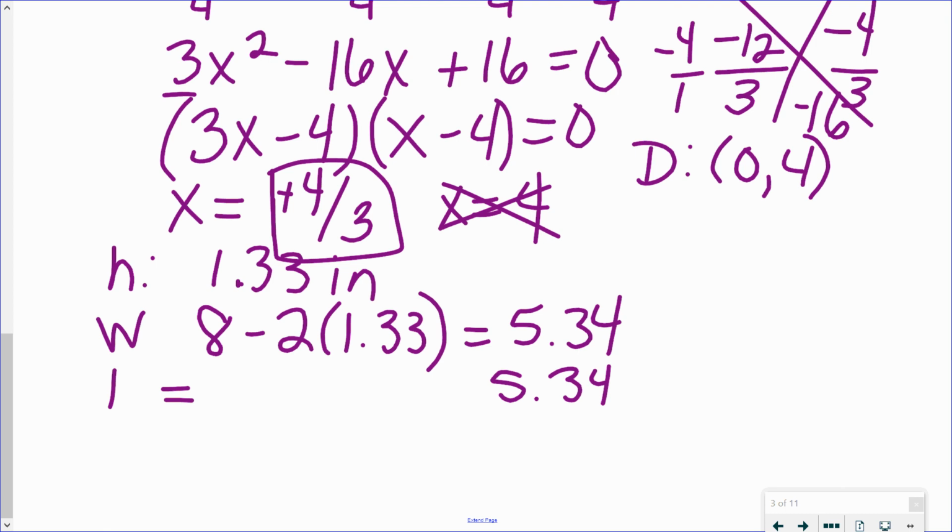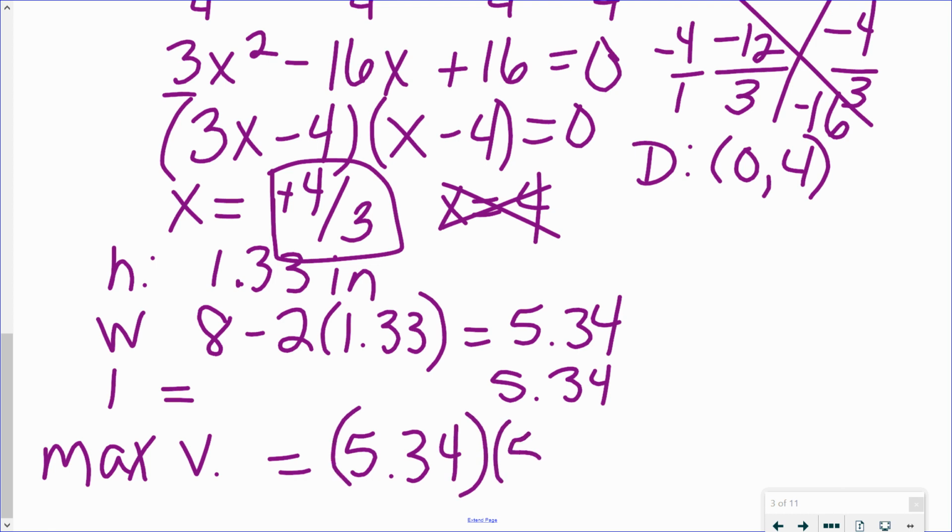Okay, we also wanted to know what that maximum volume was. So for our maximum volume, I would take our length, our width, and our height, and multiply them together. Let's see what we get.